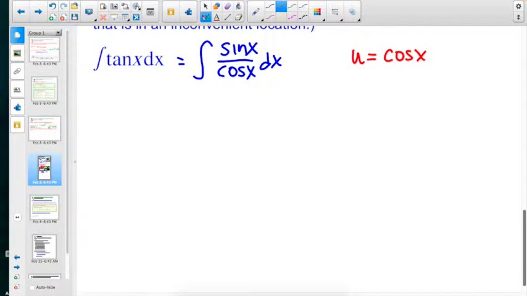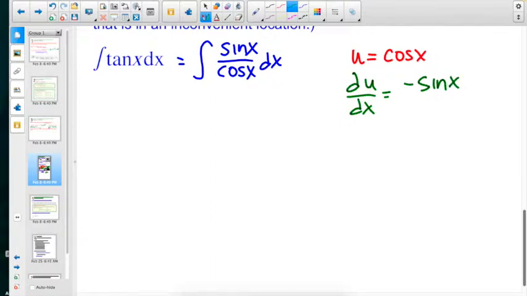So if my u is going to be cosine x, then if I know I need to take the derivative of this, what's the derivative of cosine? Negative sine of x.